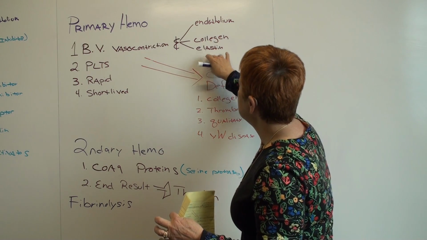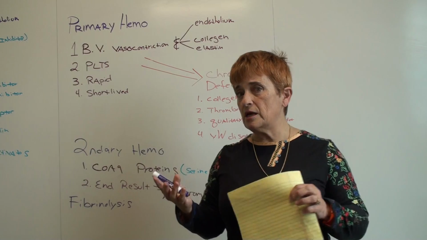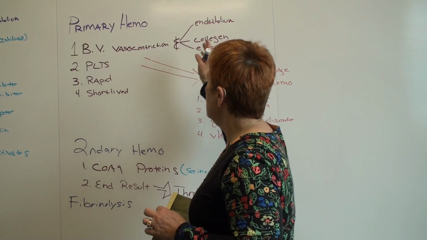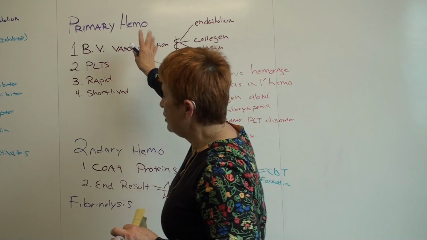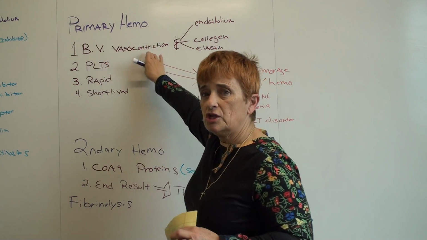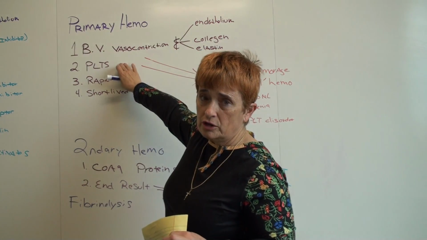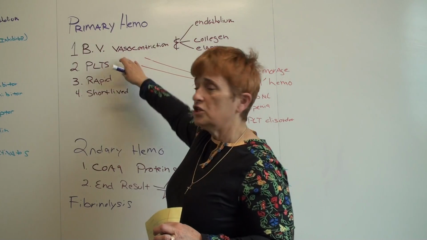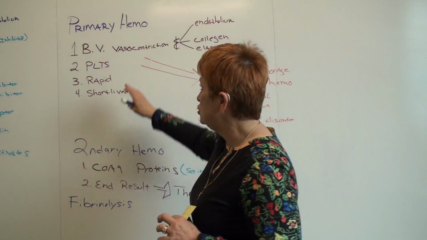They've got elastin and the endothelium. They will secrete some tissue factor also. All right, so primary hemostasis: blood vessel vasoconstriction, and then the platelets. The platelets right here is the beginning part of adhesion. Adhesion is going to go to aggregation and then consolidation.